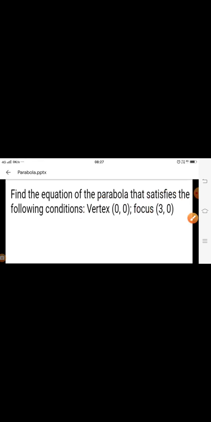Find the equation of the parabola that satisfies the following condition. The vertex is given as (0, 0), meaning the parabola passes through the origin, and the focus is (3, 0). If the focus is (3, 0), meaning (a, 0), then this is along the positive direction of the x-axis. The parabola is symmetric along the positive direction of the x-axis.